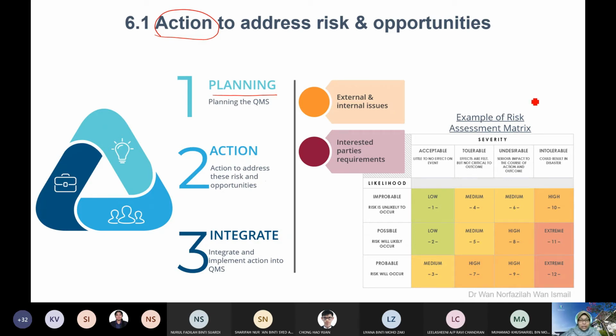What is risk assessment matrix? It is a table where you decide the severity of that risk, and also the likelihood the risk might happen.